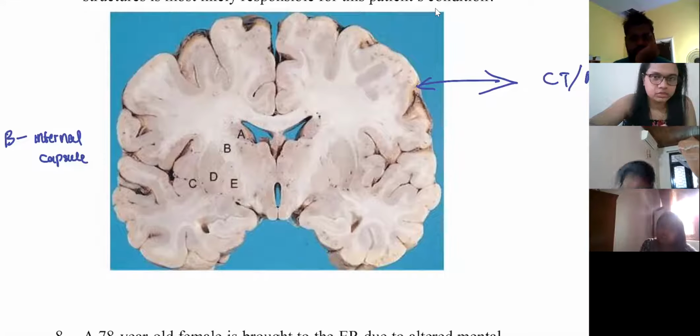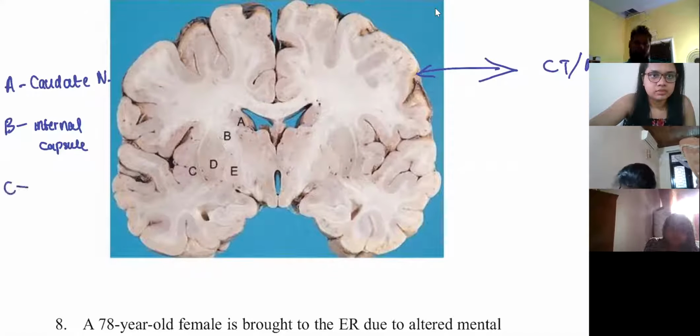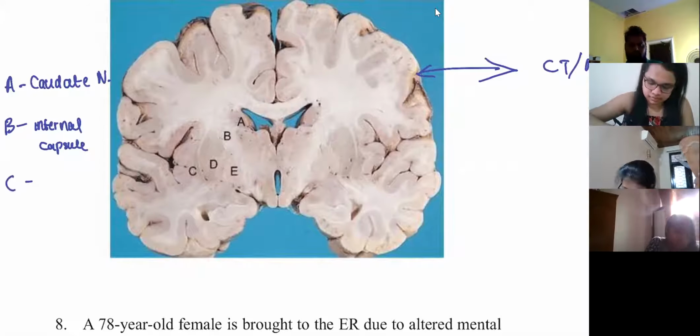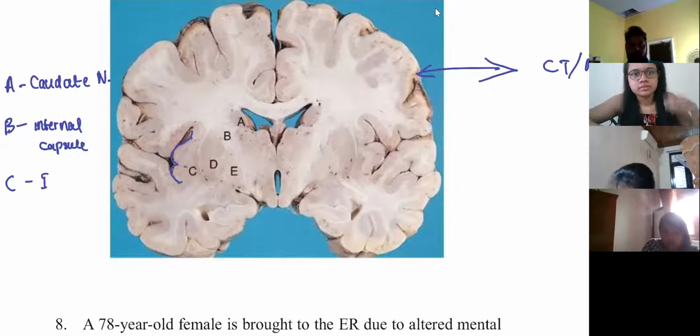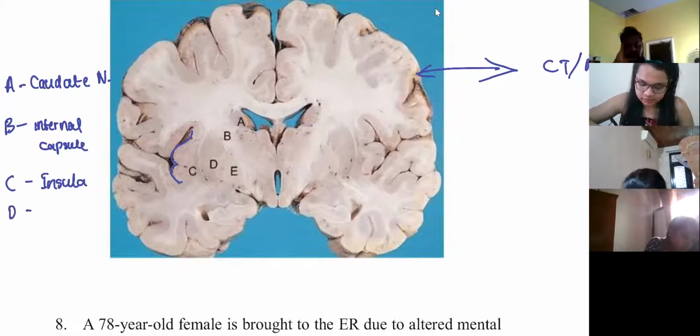Caudate nucleus. Yes, A is caudate nucleus. What is C? Okay, C you might not know. It's called the insula. I told you it's the most lateral part of the temporal lobe. It's called the insula.